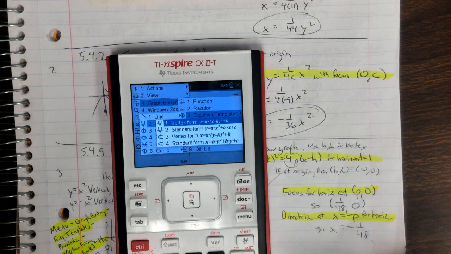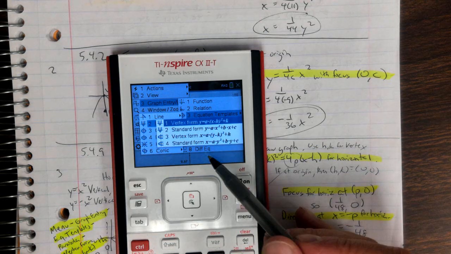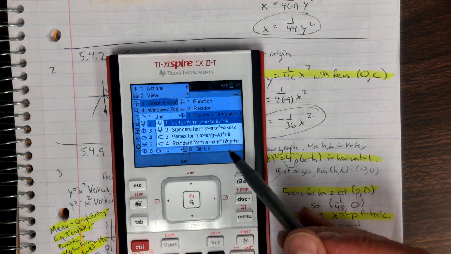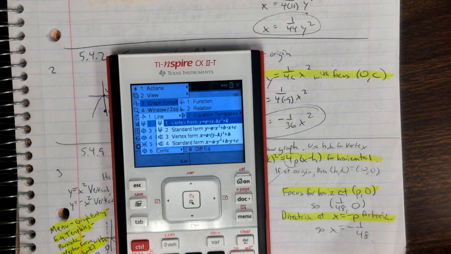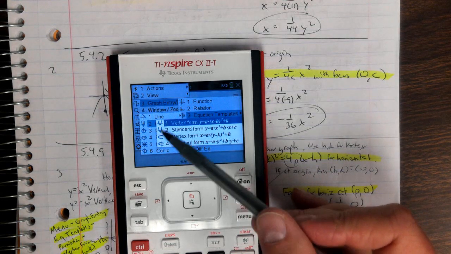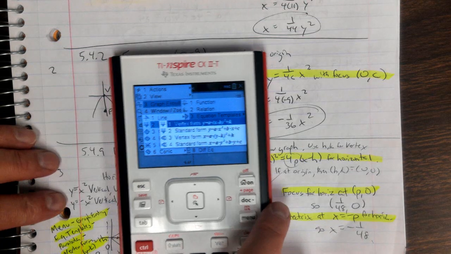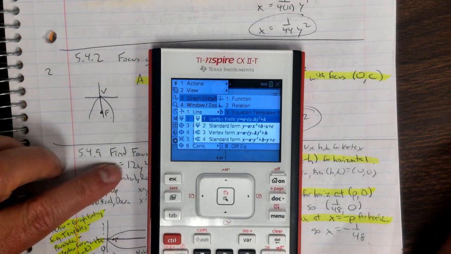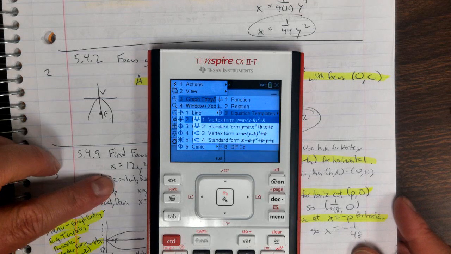Now the next vertex form has x equal instead of y equal, and so you have your a times y minus k squared plus h. Then your last one was x equal ay squared plus by plus c. And they have your little picture of it. So in your case, it says x equal 12y squared.